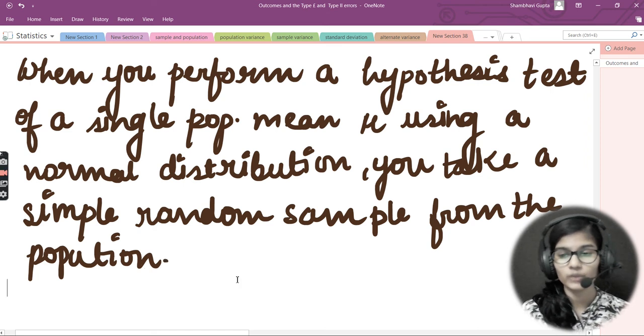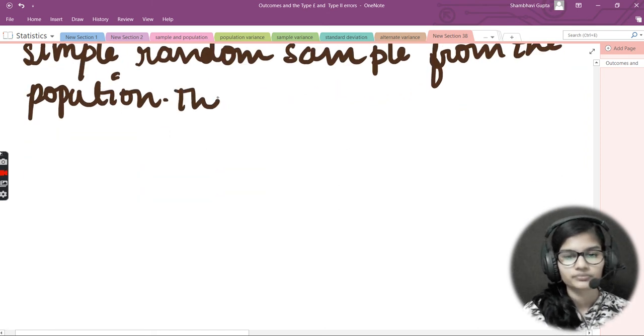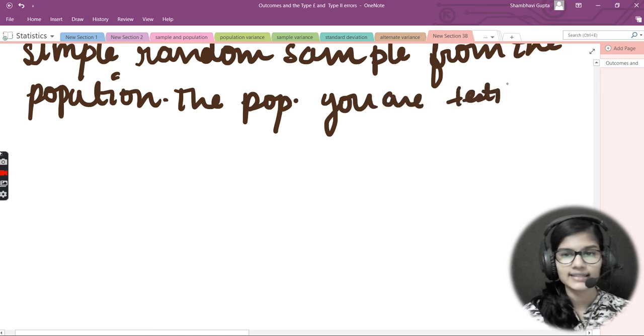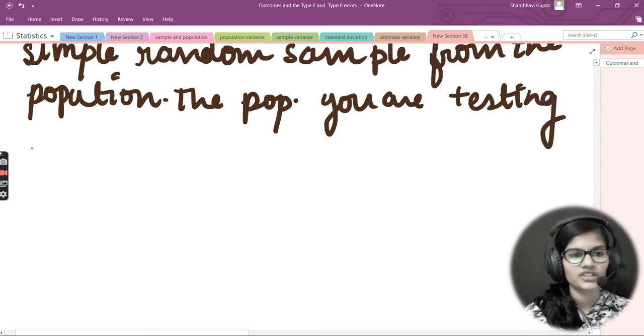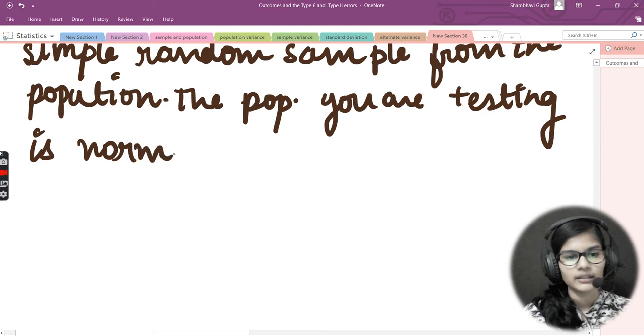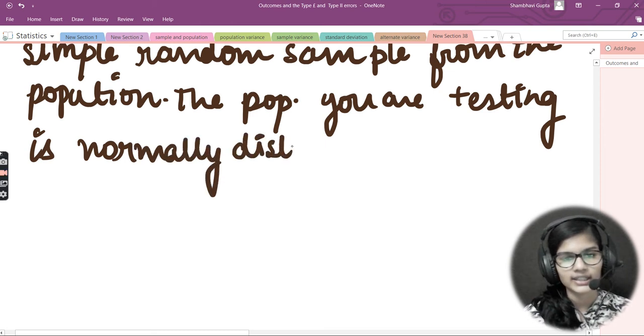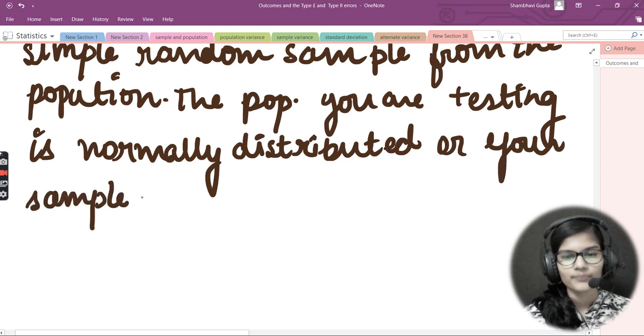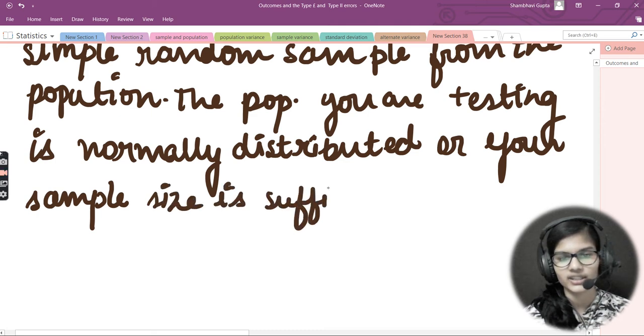And one more condition is met here: the population you are testing is normally distributed, or the second thing is that your sample size is sufficiently large.